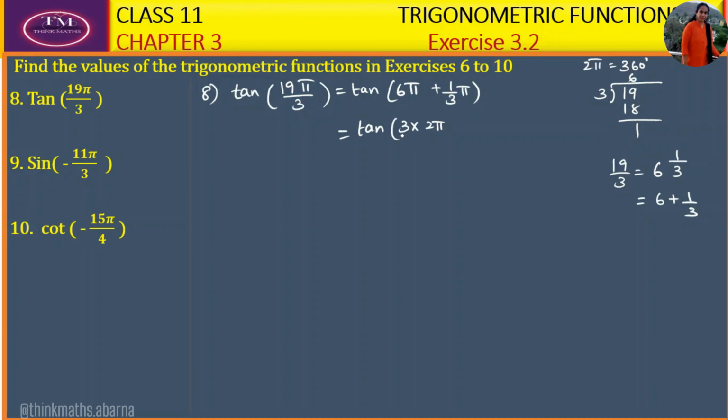So it is 3 into 2 pi plus pi by 3. So we know tan x repeats after an interval of 2 pi. So we can ignore this 3 into 2 pi and just write tan pi by 3. The reason is tan x repeats. I will erase this. Okay.